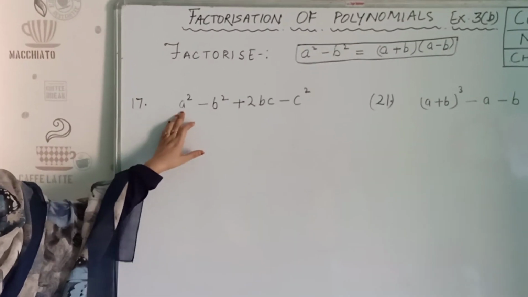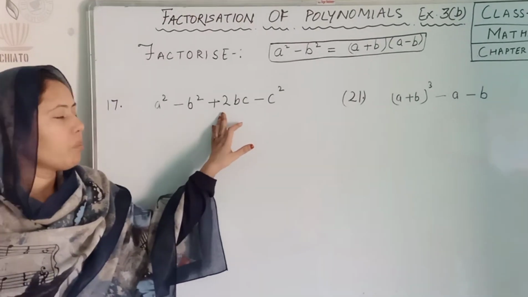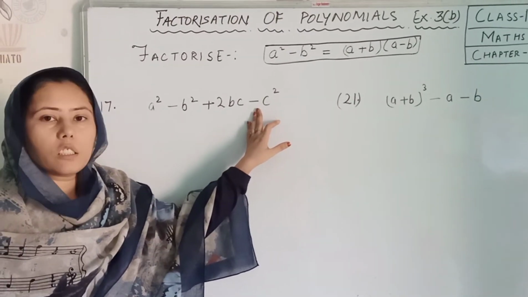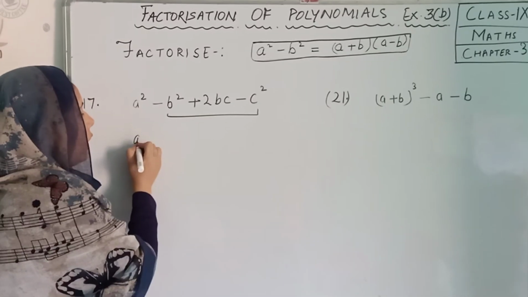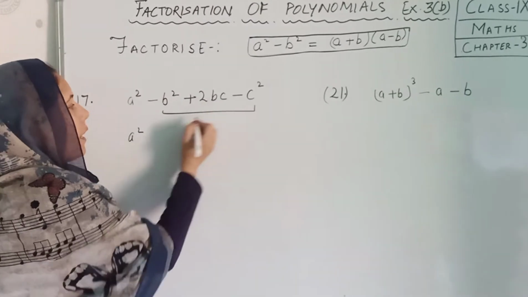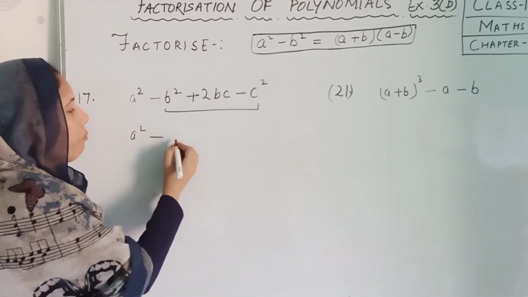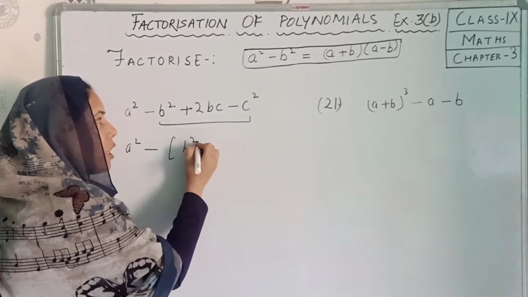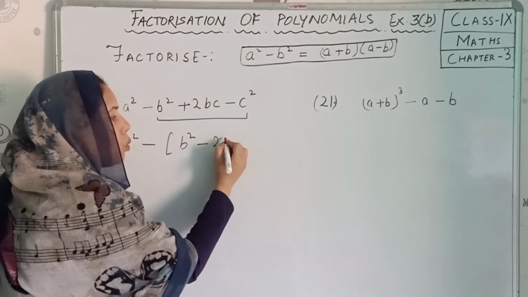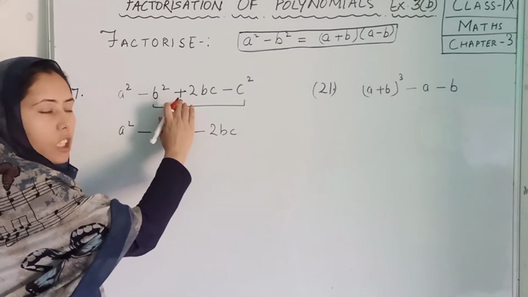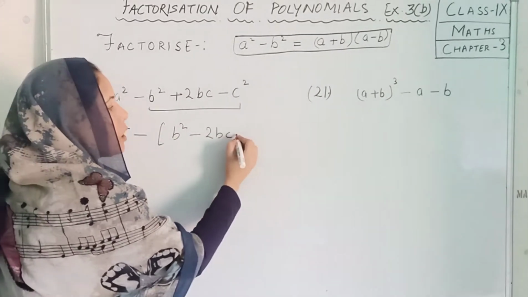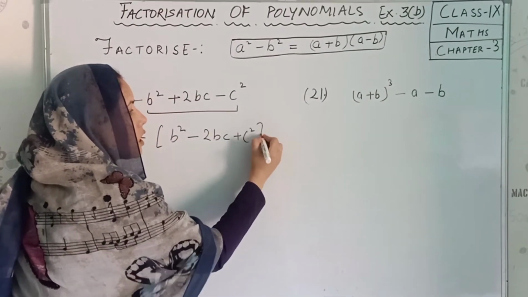Question number 17 is a square minus b square plus 2bc minus c square. We will take minus as common, a square as it is, and taking minus common in this term, you will get plus b square. It will become 2bc: minus into minus you will get plus, and the minus goes outside as common, so here again you are getting c square.